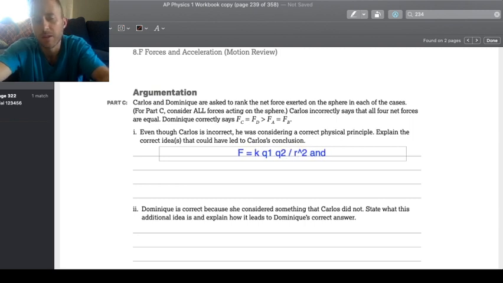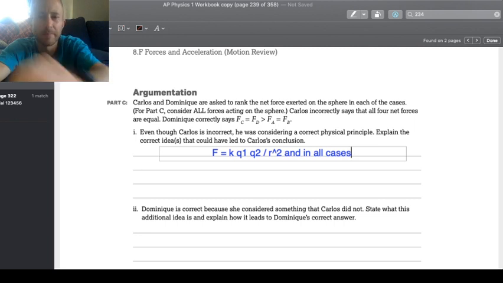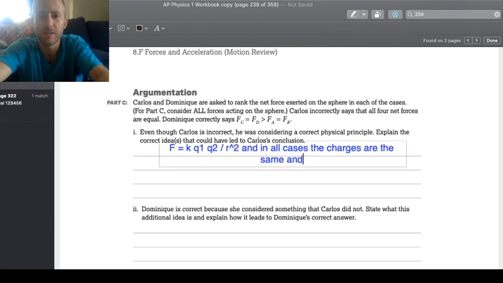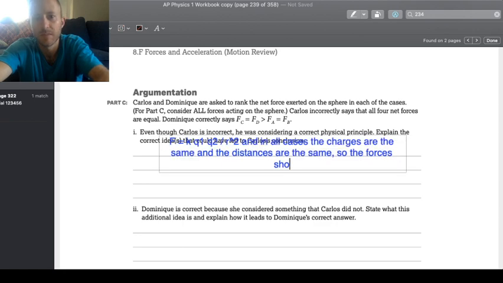And in all cases, the charges are the same and the distances are the same. So the forces should be the same. But what is wrong with Carlos's argument?